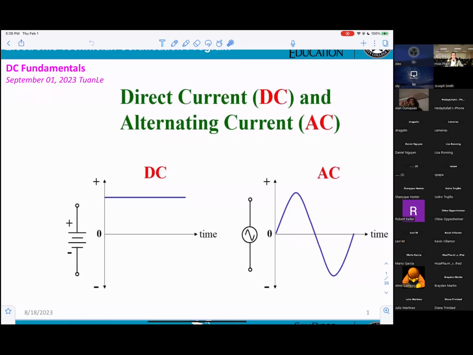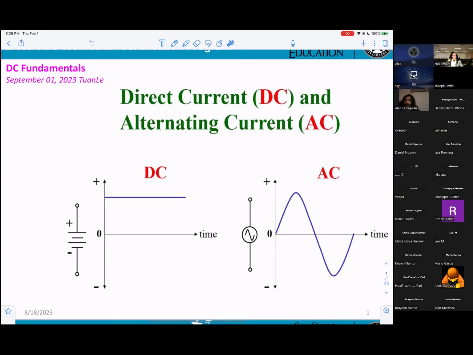And now the AC. You can see the AC here. This is the positive, this is the negative, and this is the time domain. What does that mean? That means the signal changes with time. Okay, where do you get the AC signal? Where do you get this signal?